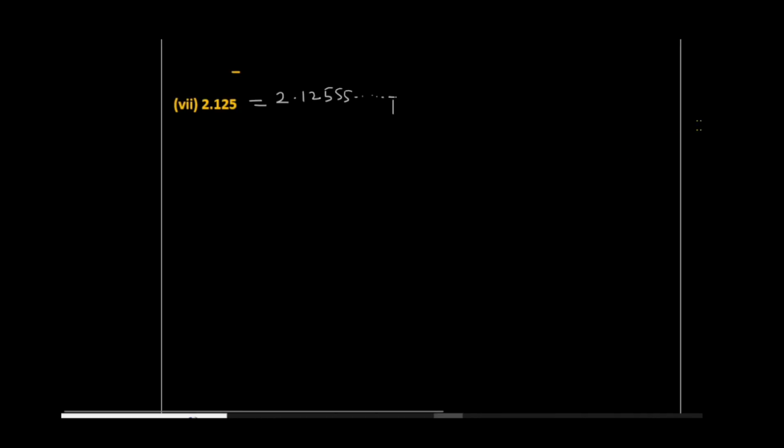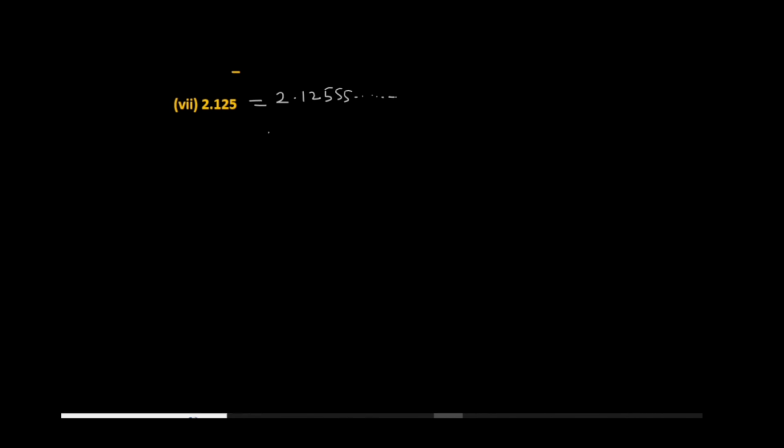So the next number, 2.125555 etc. Here only one repeated digit, two non-repeated digits. Let's take x is equal to 2.12555 etc. as the first equation.